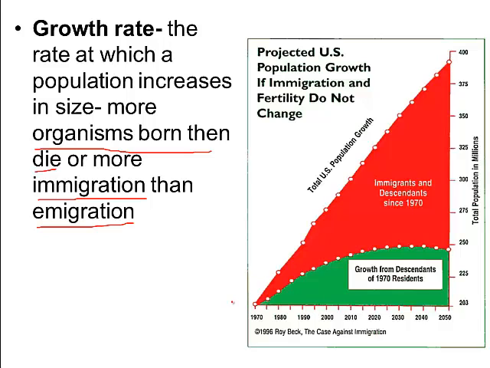Also, people tend to live longer, and so people on Earth, there are now an estimated 7 billion people on Earth, and the number of people is growing because we are managing to keep people alive longer. The growth rate, there's more births than deaths at any given time. And so that's another way that we can characterize a population, is by how healthy it is, by how fast it's growing.